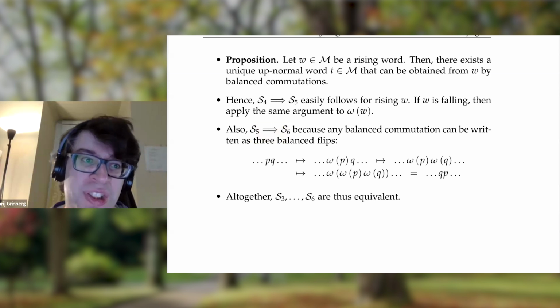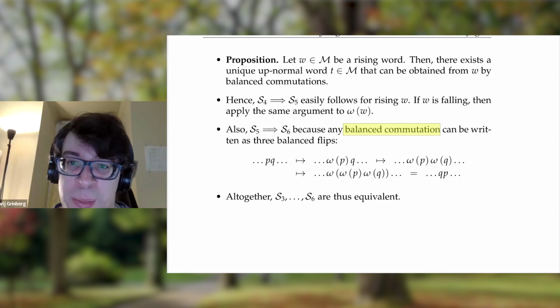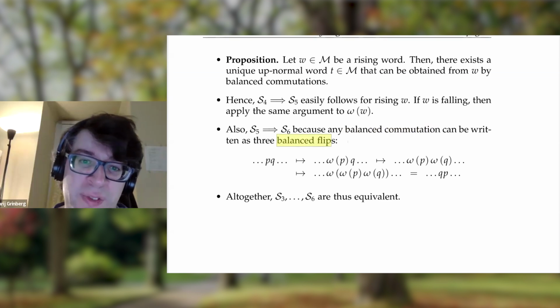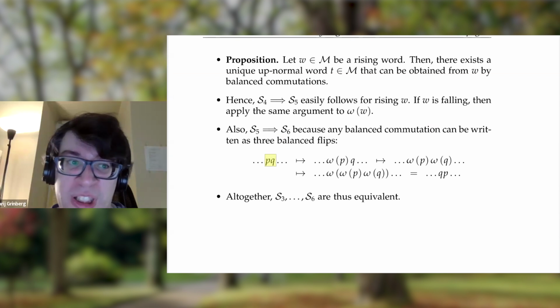Another of the implications requires us to show that anything that can be transformed by balanced commutations can also be transformed by balanced flips. And that is very direct. If you want to make a balanced commutation, you can also implement it in terms of 3 balanced flips.